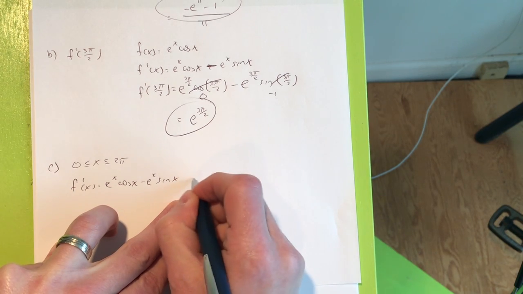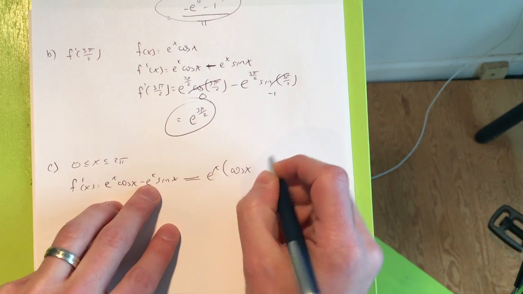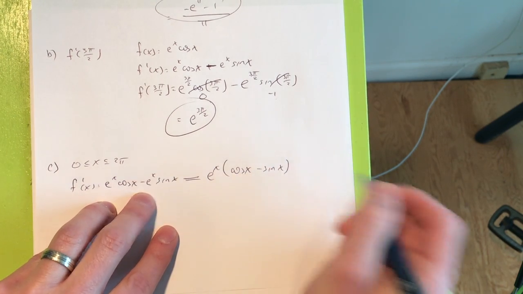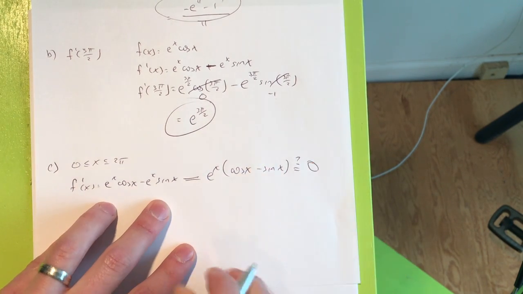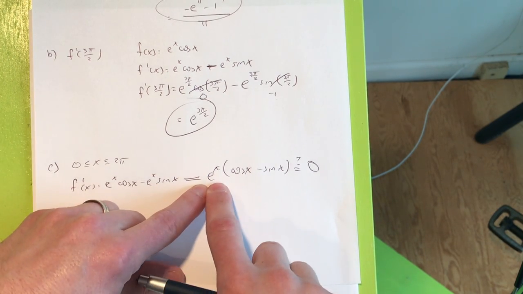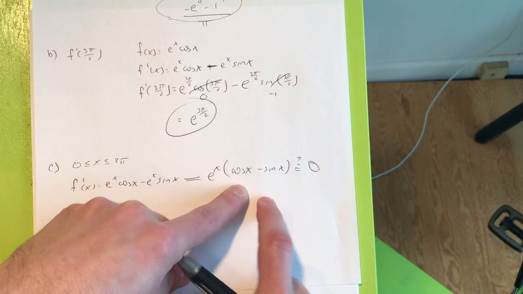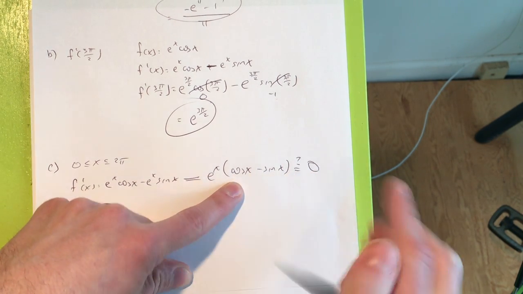I'm going to factor this. So this is e to the x, that's cosine x minus sine x. We want when is this equal to 0. By factoring, e to the x is never equal to 0, so I'm not going to have any zeros from that. Cos x minus sine x equals 0.